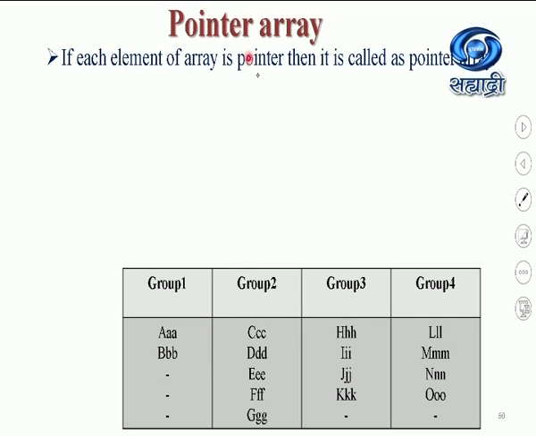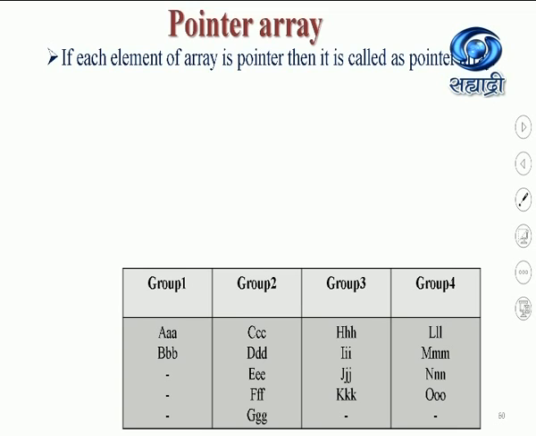So if each element of the array is a pointer, then it is called a pointer array. Last year you learned the definition of pointer. What does a pointer do? It stores the address of another variable. So here we require another pointer array which stores the address of the starting element of each group.